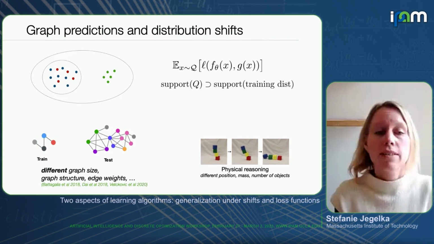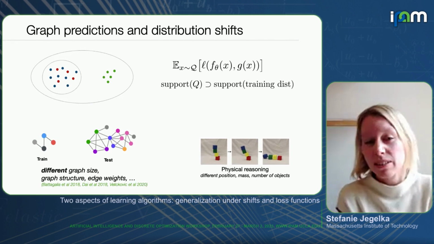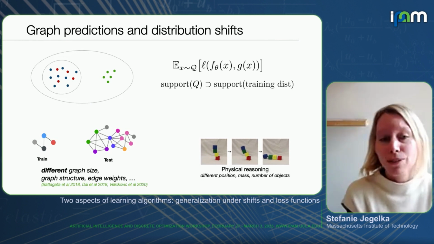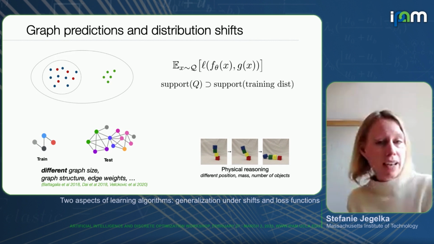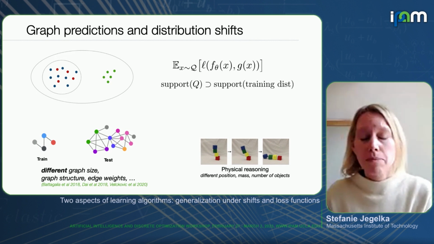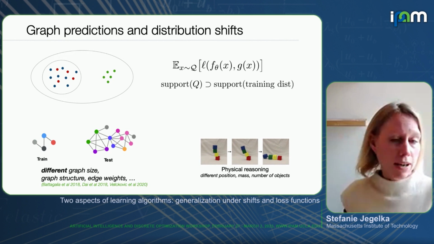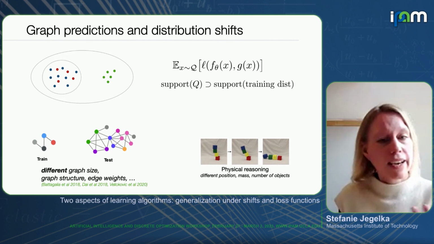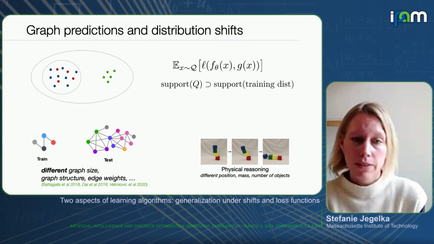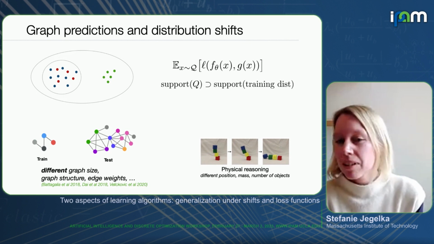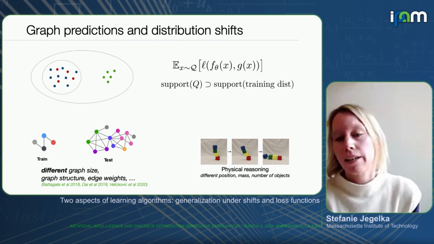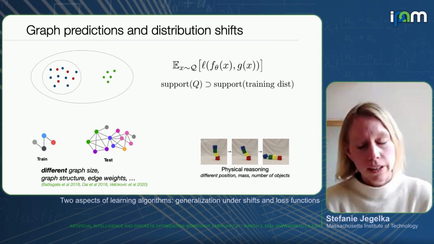For instance, I'm training on small graphs because it's cheaper to get the solutions on these small graphs. But now I'm testing. I actually want to run my learned algorithm on larger graphs or denser graphs, graphs where the actual optimization is maybe more expensive. And this also applies where we want to learn simulations.